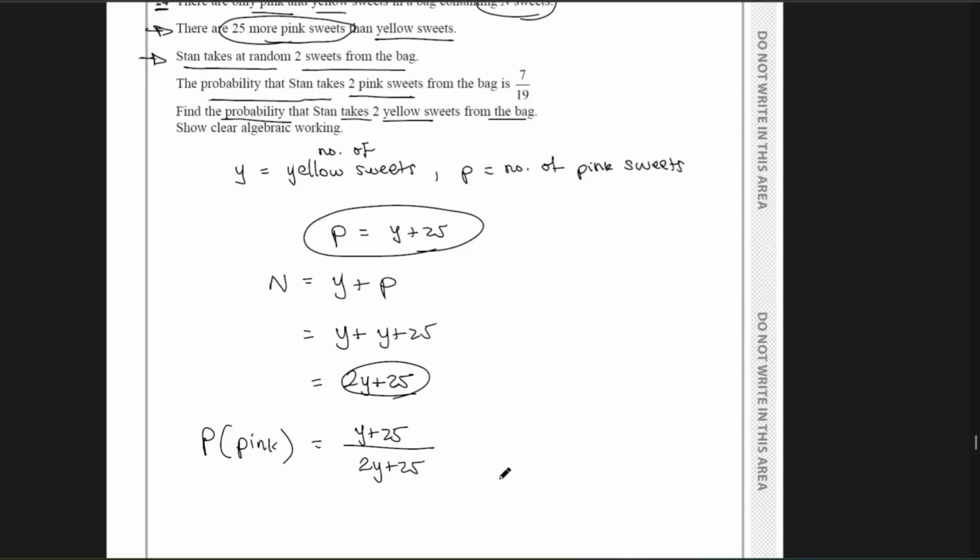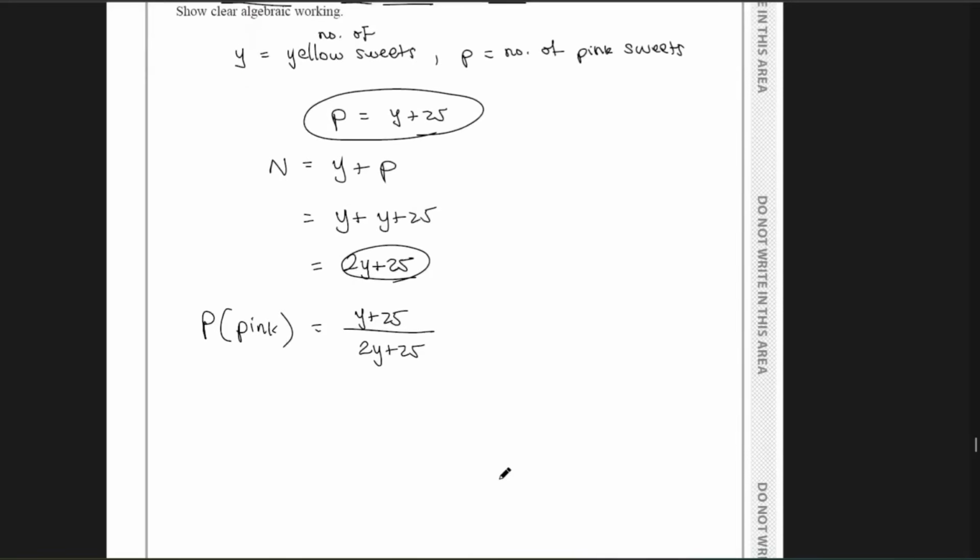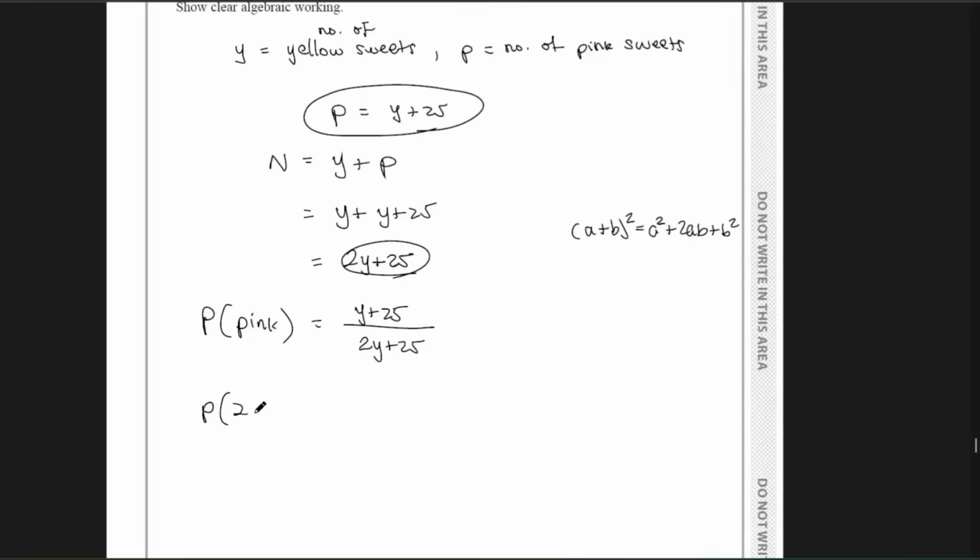That's the probability of picking 1 pink sweet, but probability of picking 2 pink sweets in a row would be, so we pick pink sweets for the first time, y plus 25 over 2y plus 25, and then another time, this time it'll be y plus 25 minus 1, because there'll be 1 sweet less, and then the total will also be 1 sweet less.